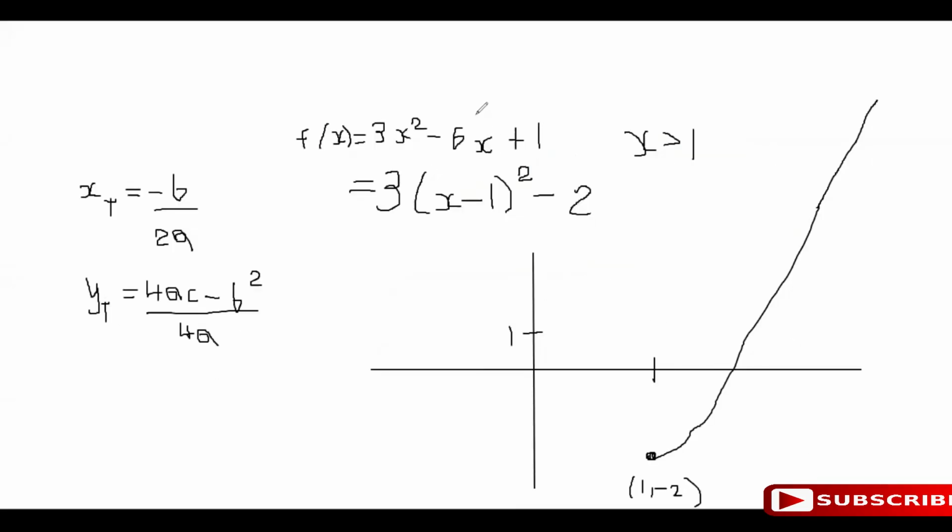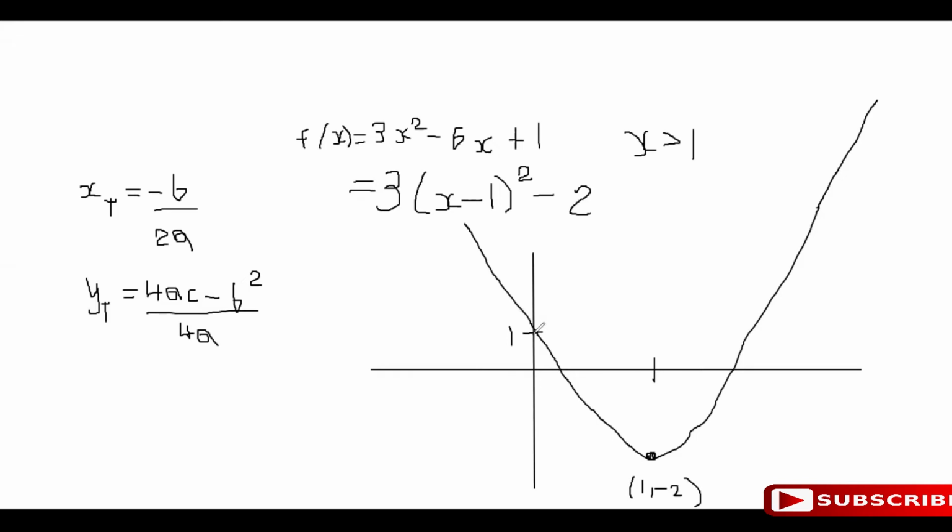Right here, we were discussing how a quadratic function looks. This is how the quadratic would look, right? So we complete the square to find the turning point, and we found that the turning point is (1, -2). This is the value of the y-intercept, so it passes through right here at 1.